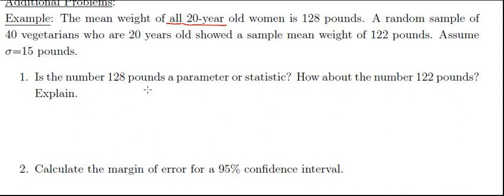A parameter describes the whole population, and you can sometimes use the word all or entire. And so 128 is describing all 20-year-old women, their weight. And so 128 is a parameter. And then it says, how about the number 122? Well, 122 came from a sample, so that would be a statistic.